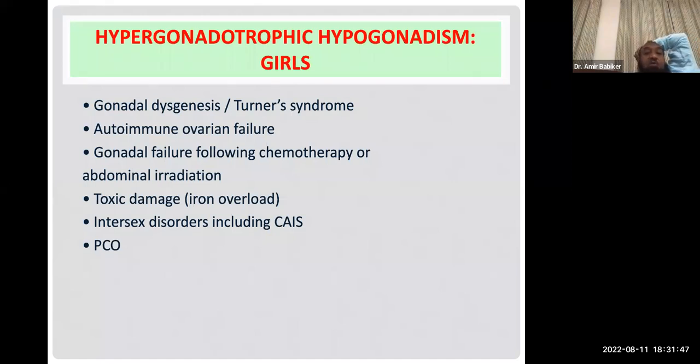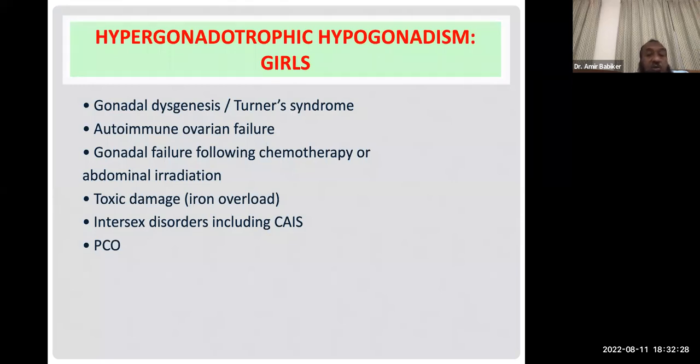Hypergonadotrophic hypogonadism in girls is common and is peripheral, such as Turner syndrome, or ovarian failure that may be of autoimmune origin or due to chemotherapy in oncology patients or irradiation, or it may occur with thalassemic patients due to iron overload toxic damage. Or it may be a disorder of sex development such as complete androgen insensitivity syndrome, where the patient does not have sensitivity to androgens and his karyotype is genetically male but presents as a female because there is complete insensitivity to androgens.